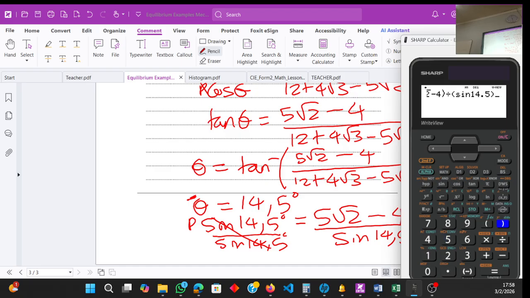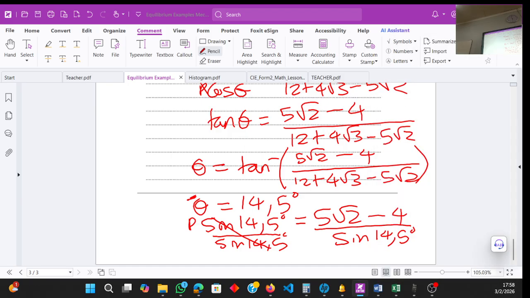Then I close my brackets, equal to, means our P is actually 12.3 if we round to one decimal place. So I can write somewhere here that P is 12.3. And remember, P is a force, so it will be in newtons.